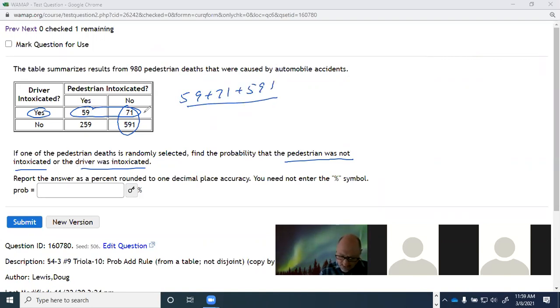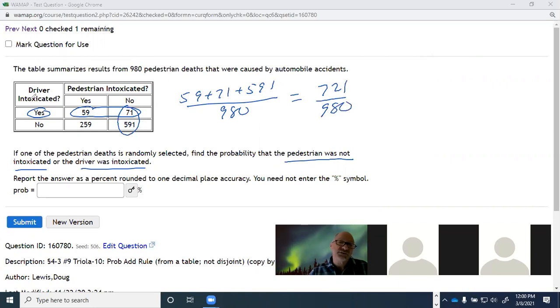Instead of getting this row total and that column total, you could just do those three and you wouldn't have any overlap because you're not double counting the 71. You only count the 71 once. And that's still going to be over 980. So 721 out of 980 that way too.